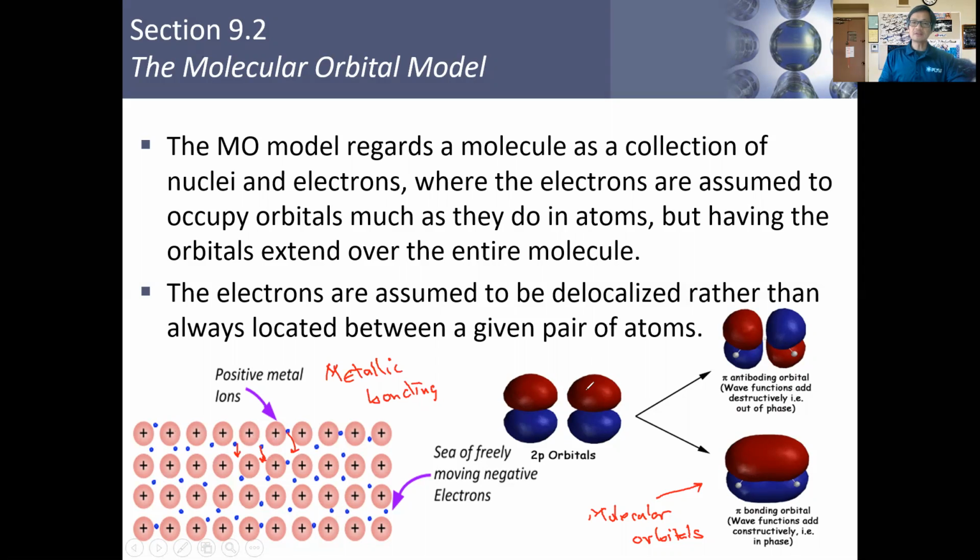But we're taking an extra step: in order to share these electrons, the atoms take their atomic orbitals and blend them together to form molecular orbitals. So these represent two molecular orbitals that form when two p orbitals get together.